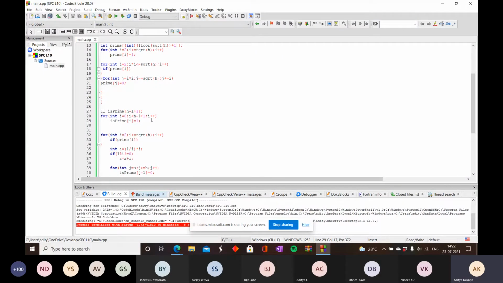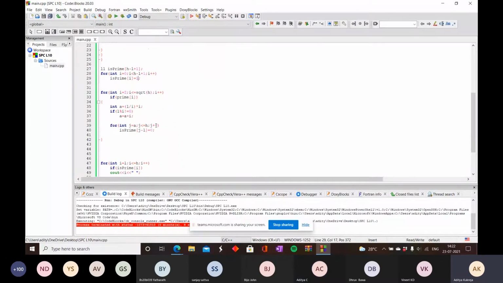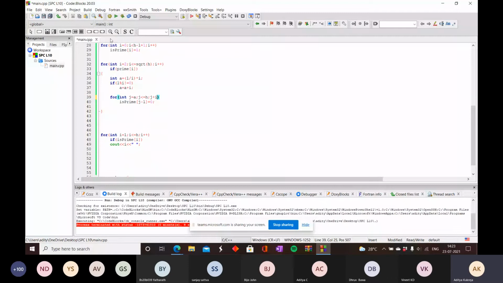In line 39, shouldn't you be incrementing in jumps of I? Oh yeah, sorry. That's another mistake. Yeah, so we have to cross out the multiples. So that's why you have to increment it in jumps of I. So now let me just run and check.